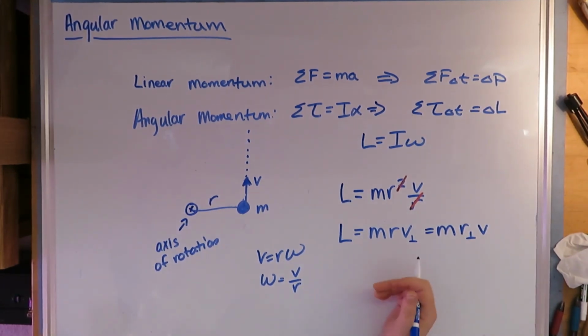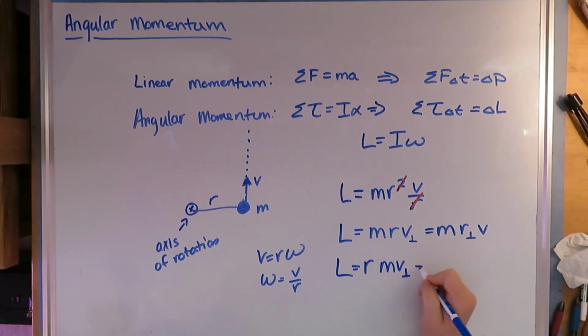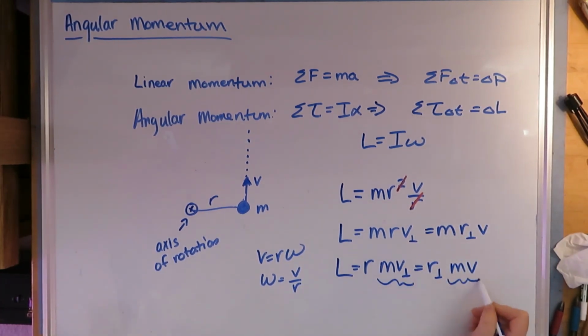And that angular momentum, if I rearrange this and make it r perpendicular times mv, this mv is linear momentum. So I get L is equal to r times p perpendicular, which is equal to r perpendicular times p.